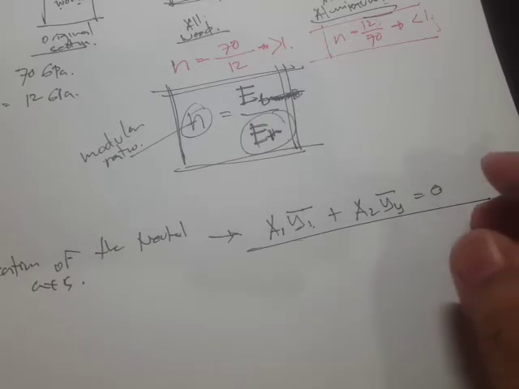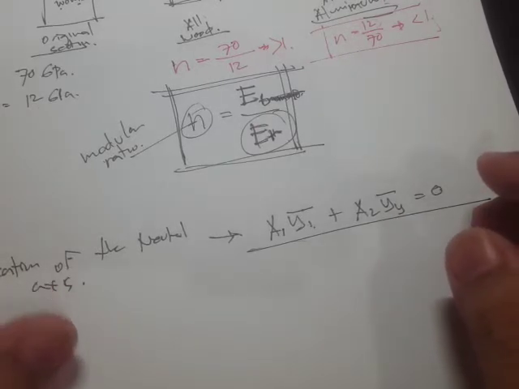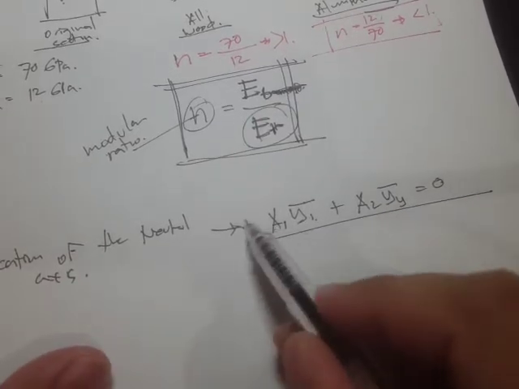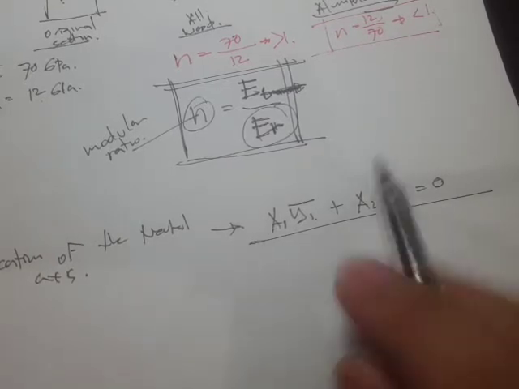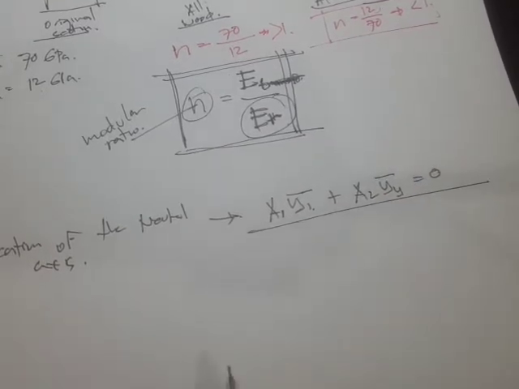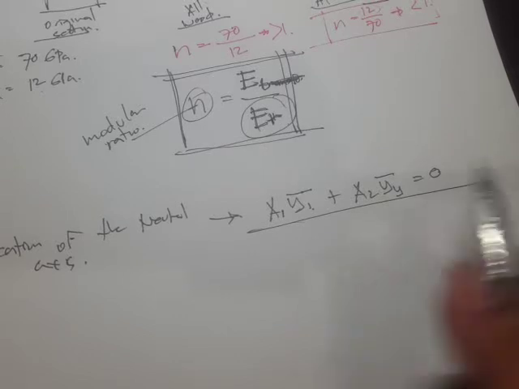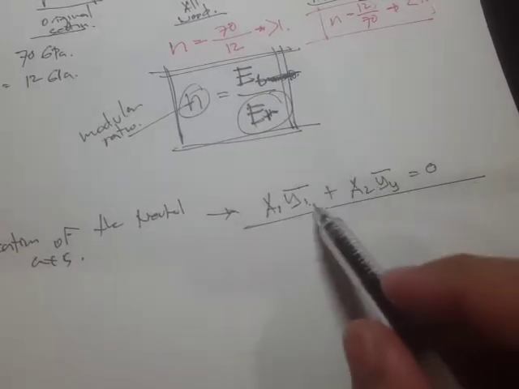So it's something like the same as the homogeneous method, except that there is an E right here. That's going to be our working equation to find the neutral axis.